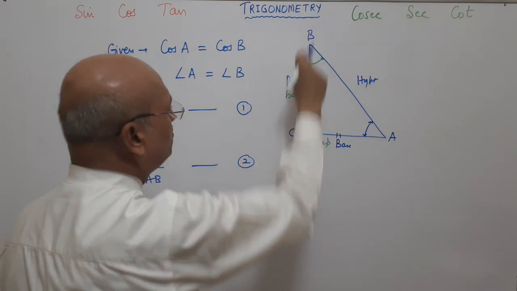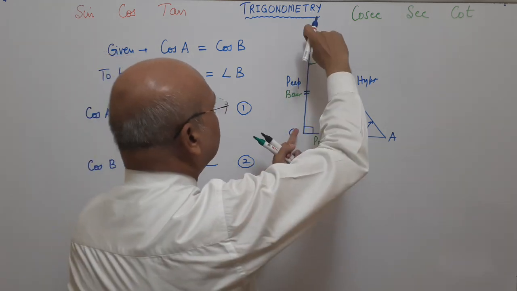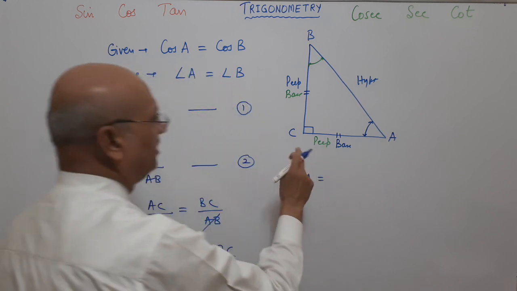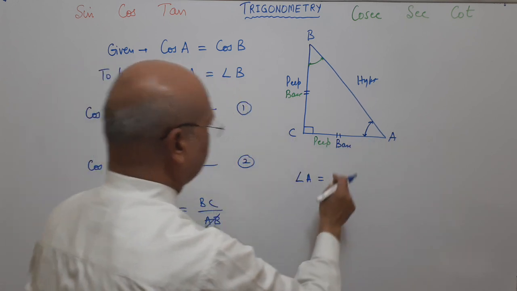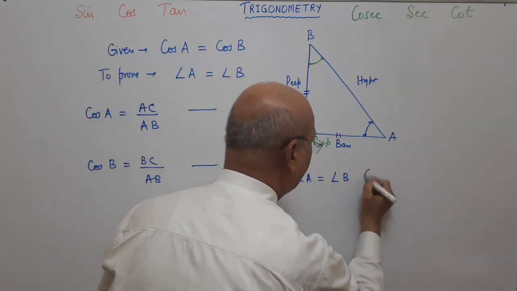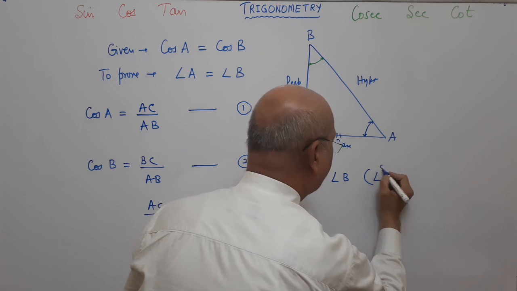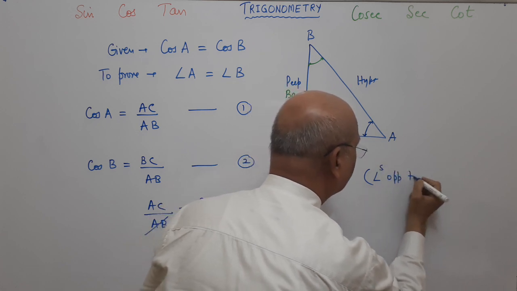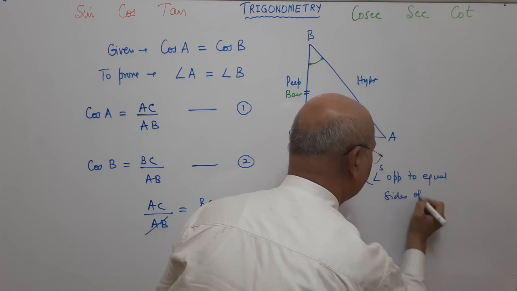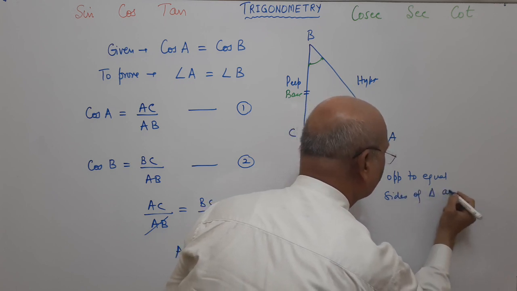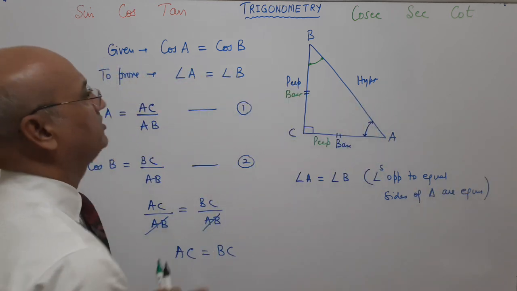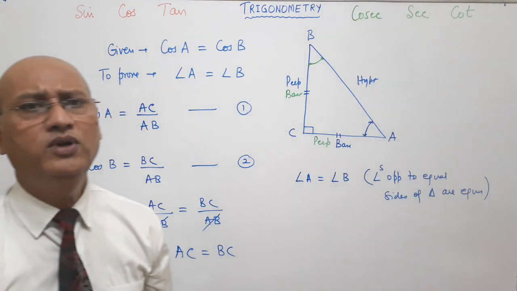Opposite to BC side is angle A, and opposite to AC side is angle B. So you can write this reason: angles opposite to equal sides of a triangle are equal. So this was another tricky question that you can do.